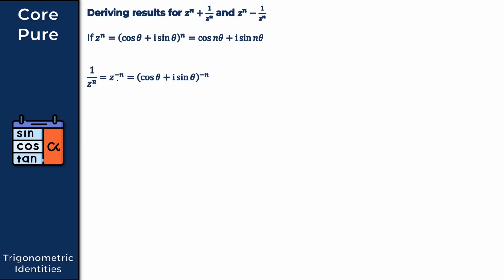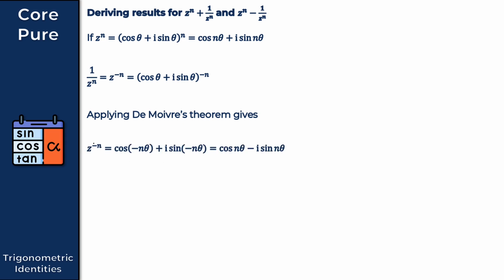So in that case then, 1 over z to the n, which is just the same as z to the minus n, is just equal to (cos theta plus i sin theta) all to the power of minus n. And in that case then, if we apply Moivre's theorem here, we obtain the following. So z to the minus n is equal to cos of minus n theta plus i sin, again, of minus n theta, and that is equal to cos n theta minus i sin n theta, right?